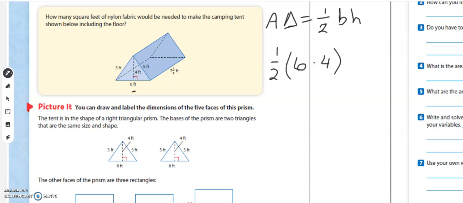So 6 times 4 is 24. 24 times 1/2 is 12. In this case, it's feet, and they're squared because we're dealing with the area. We got feet times feet.